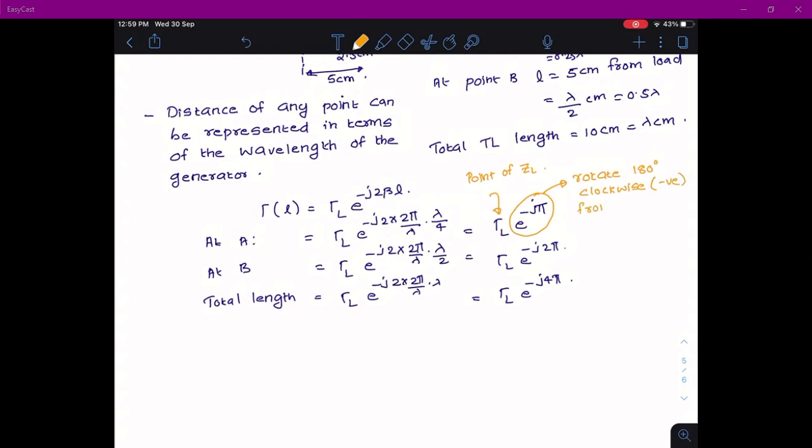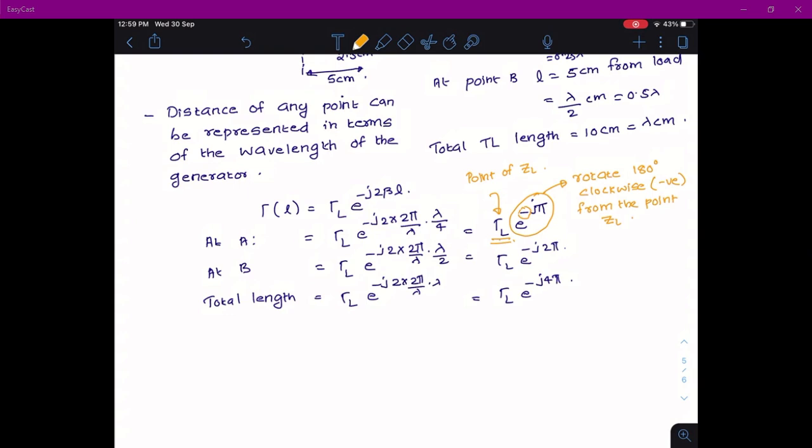Because why the point of the load? Because you are measuring starting from tau L. If instead of pi it would have been 0, this would have been at the point of the load.